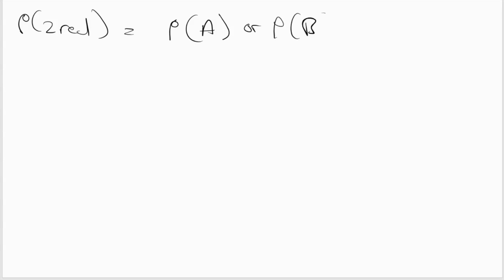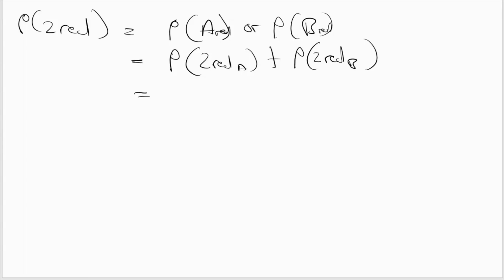In order to calculate that, we will say the probability of 2 red balls is going to be either you get them from A or you get them from B. So this is red. When there is an or, usually it's a plus. So you get probability of 2 red from A plus probability of 2 red from B. But remember, to just select A is half. There's a 50-50% chance, right?